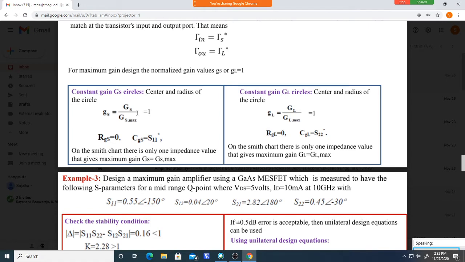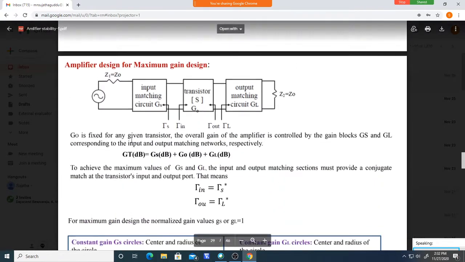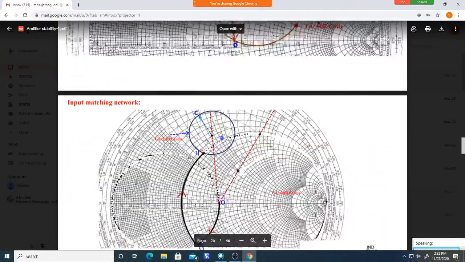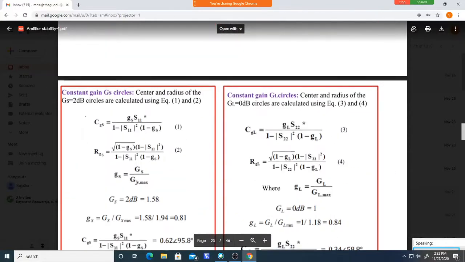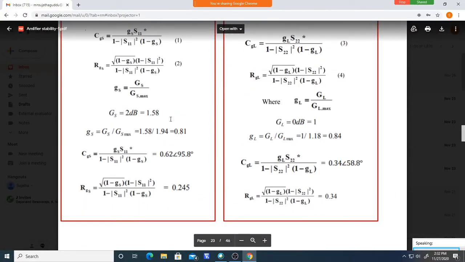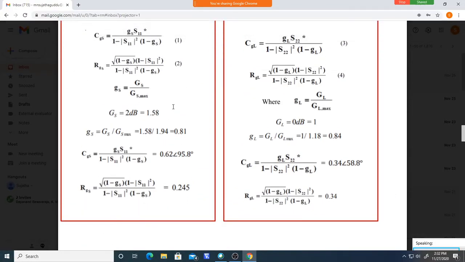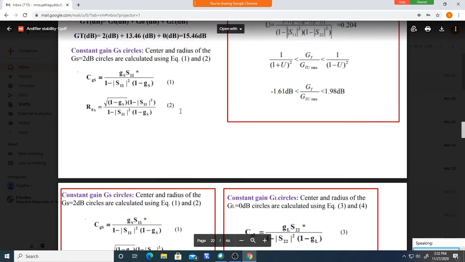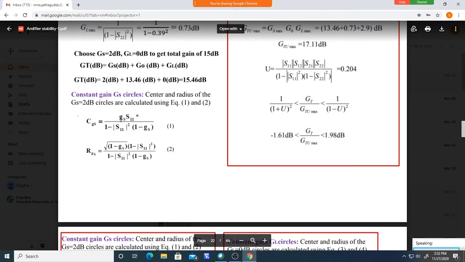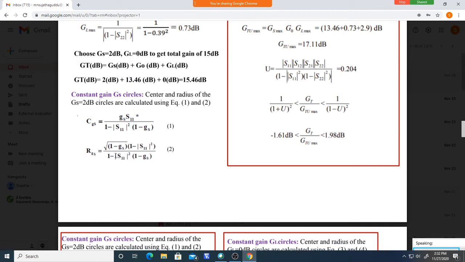Normalized gain, GS divided by GS maximum. GS means the required value of gain. GS maximum is the maximum value that can be obtained from that device. So in this problem, GS maximum is there only.